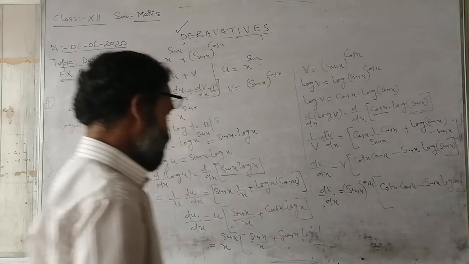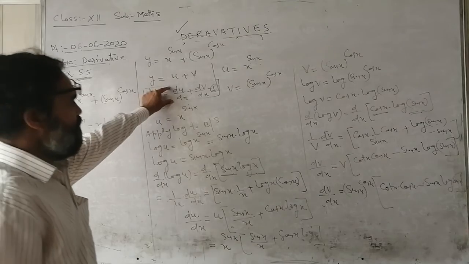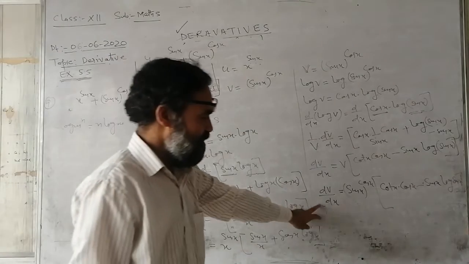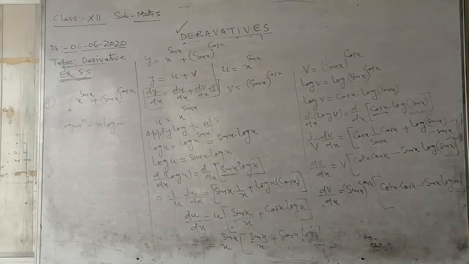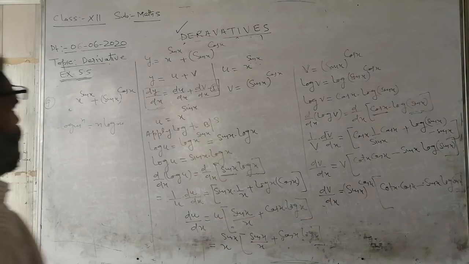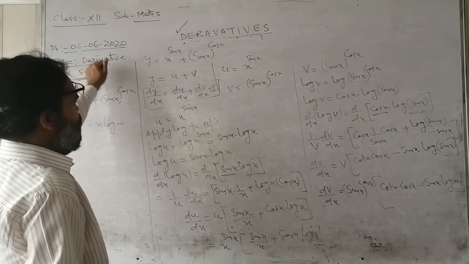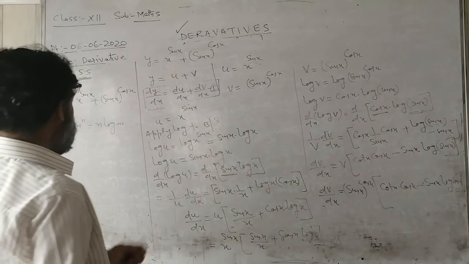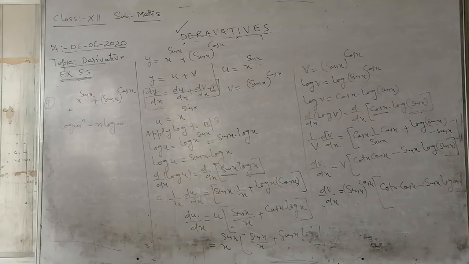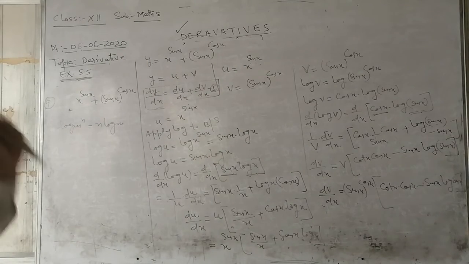So in this way both the values du upon dx and dv upon dx have been calculated. Now these two values are to be substituted here to get the final answer.